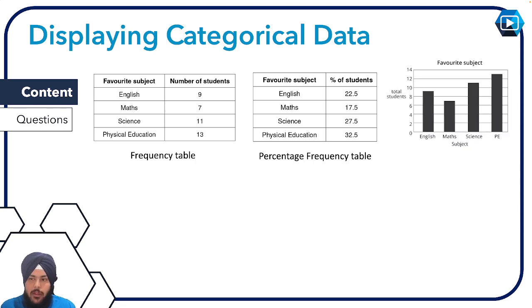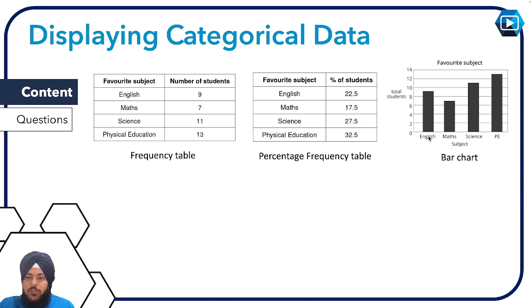We can also represent the data in the form of bar charts. A bar chart is basically a way of, again, representing the frequencies, but in a more graphical way. As can be seen from this bar chart, we have the different categories along the x-axis and the frequency along the y-axis.